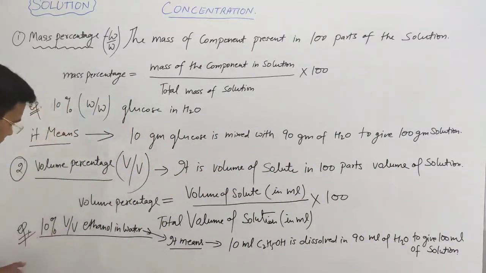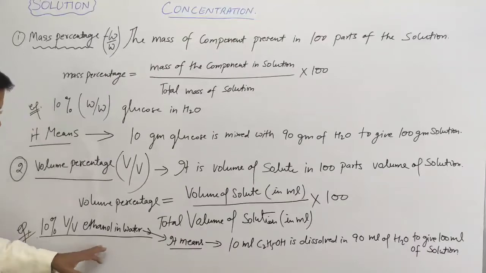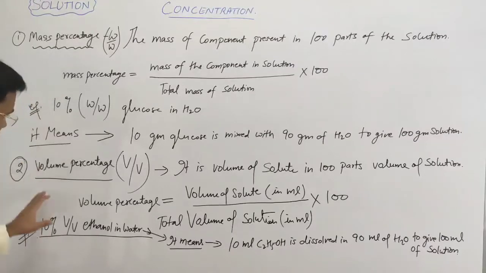Right? So this is what 10% volume by volume ethanol in water means. So two types of concentrations we have discussed, mass percentage and volume percentage.